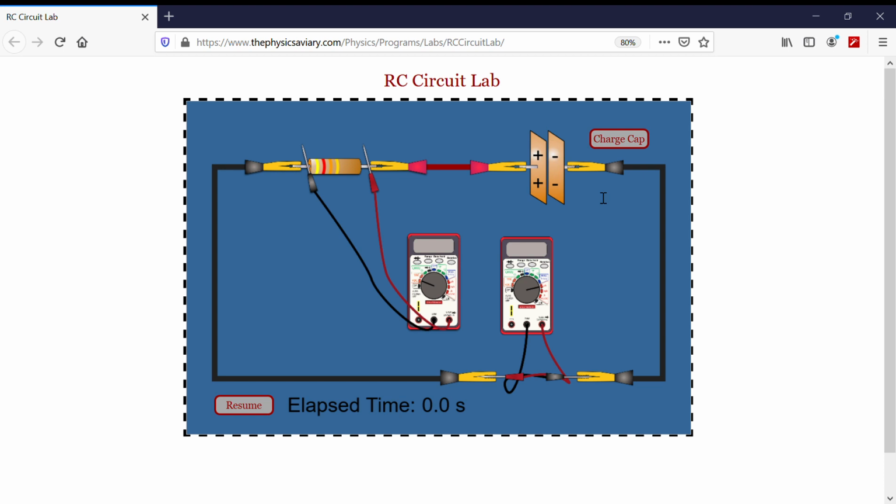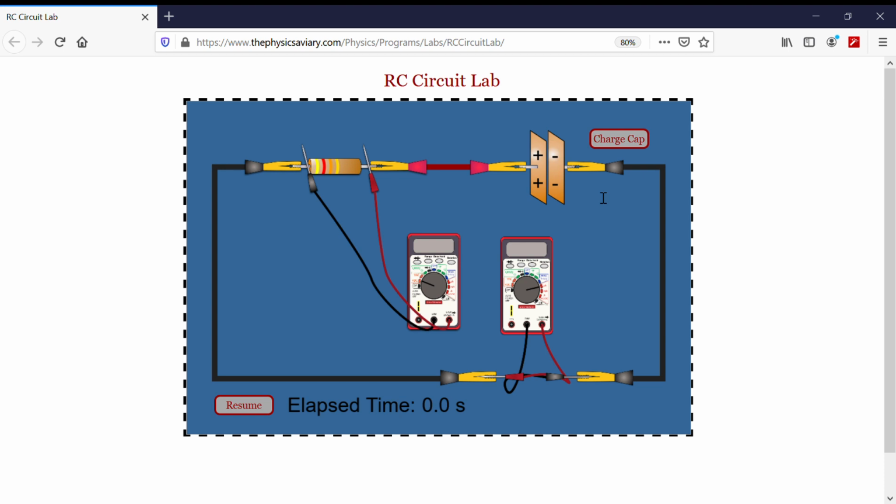So 42 kilo ohms times 1000 microfarads, in SI units, is 42 times 10 to the third ohms times 10 to the third times 10 to the negative 6 farads. Okay, micro means 10 to the negative 6. When I multiply all of this together, I find 42 ohm farads, or 42 seconds. So our time constant is 42 seconds.